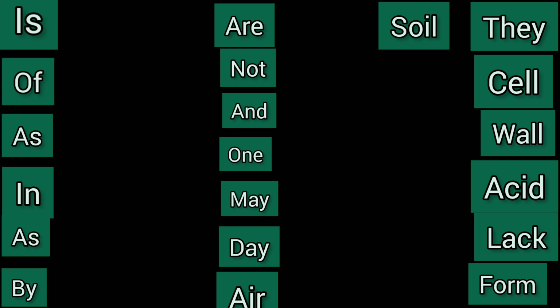Again, are, not, and, one, may, day. Now the 4-letter words we have: day, cell, wall, acid, lack, form, soil. Again, day, cell, wall, acid, lack, form, soil.